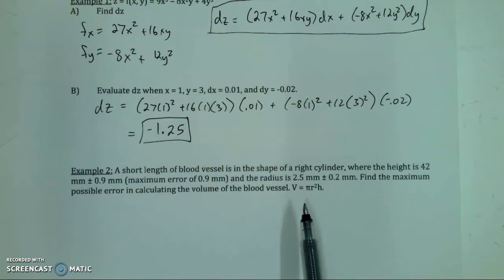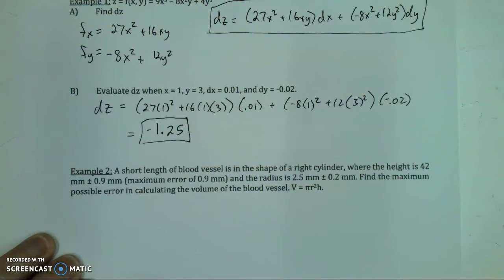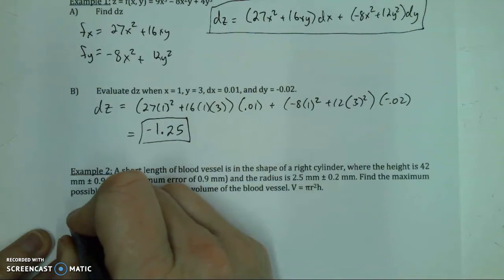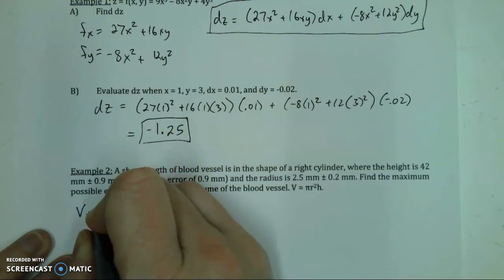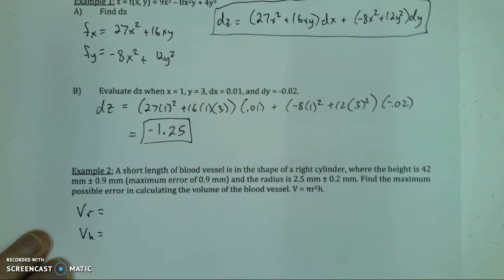Now, real quick here, if I asked you on a test for anything with the volume of the cylinder, I would give you this equation. I do not expect you to know that. It is pi r squared h. So that is our equation here. So let's go ahead and do our 2 partials. Let's do the partial at both radius and at height. So I'm going to do V_r and then V_h like that.